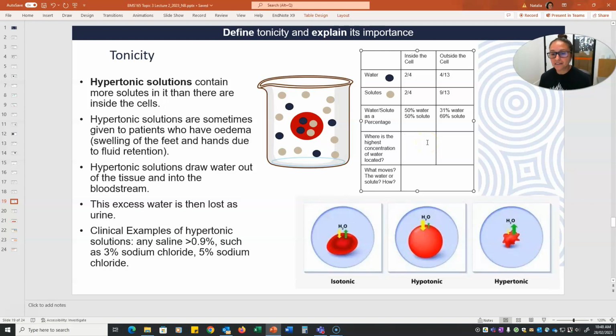Where is the highest concentration of water located? Here. This one, 50%, is higher than 31. So there's a higher concentration of water inside of our cells.